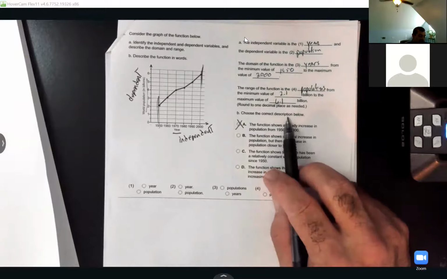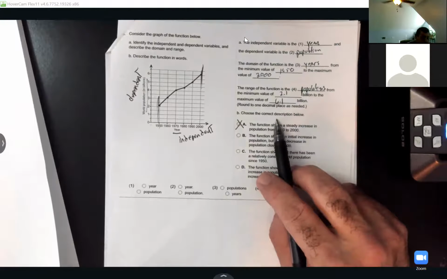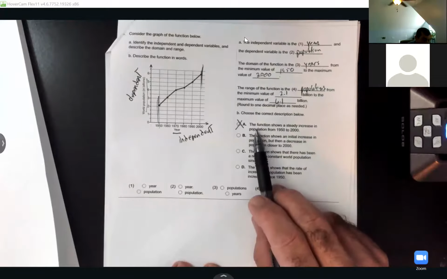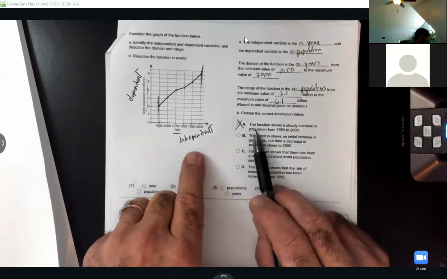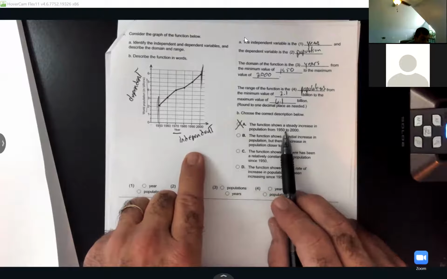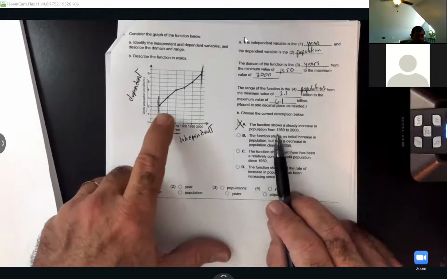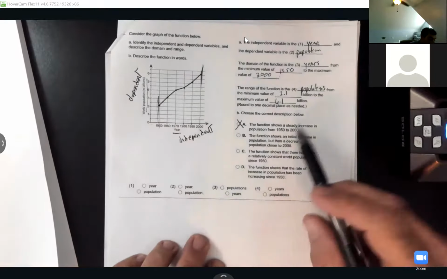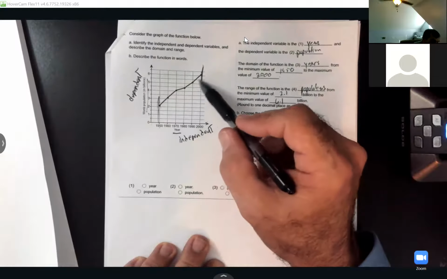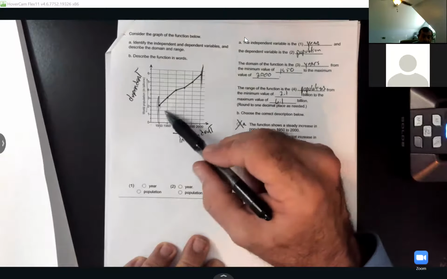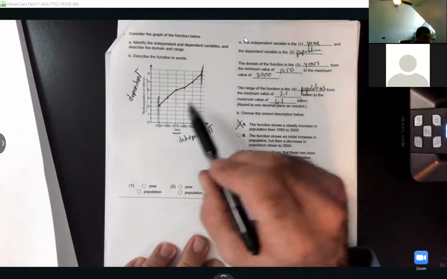So once you label that stuff, then it comes in and says, choose the correct description below. So for mine, I said the function shows a steady increase in population from 1950 to 2000, because this thing is going up. Every one of my years, it steadily goes up.